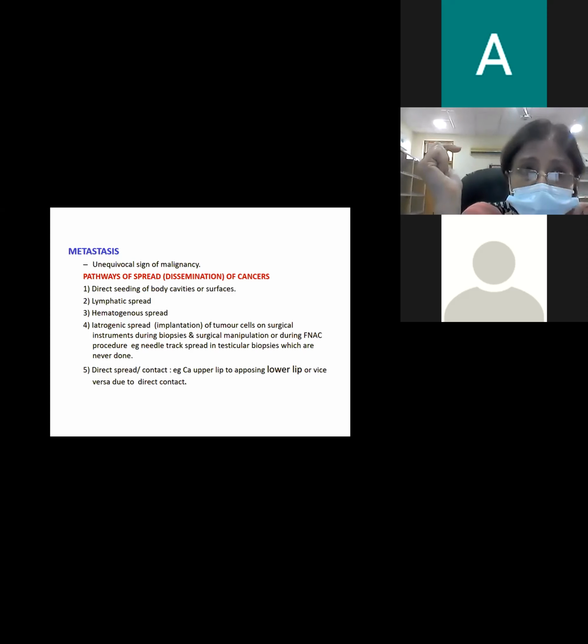So the original tumor is the primary tumor, और जो बाद में develop हुआ और उससे discontinuous है, it is not in continuity. Remember that metastasis always has to be a discontinuous spread. Continuity नहीं होनी चाहिए. Metastasis और invasion में यही difference है.